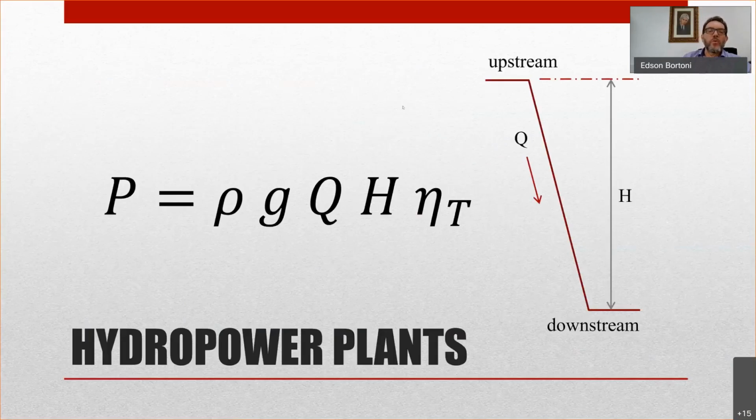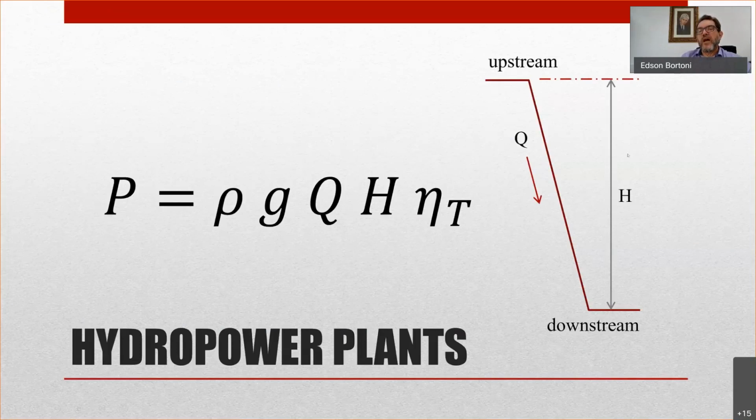So the power you can get from hydro is given by this equation. P is the power. This is the density of the water, the gravity acceleration, the flow, the height, and the efficiency of the turbine. So you have here the upstream and the downstream.